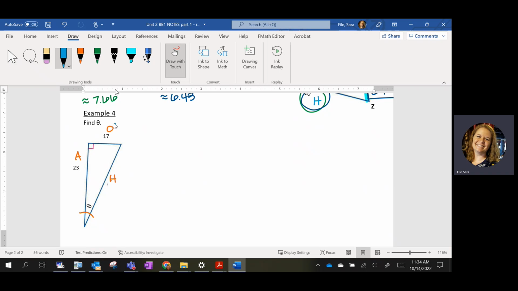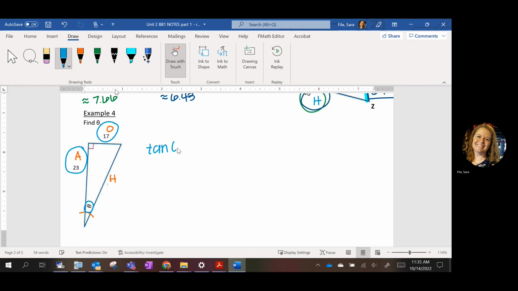Yeah, it's got to be tangent, because like I said, you can only have one missing piece and it's the angle. So you have to use the two known sides. You can't use the hypotenuse because you don't know it. So tangent of theta is O over A. So plug in what you know, which is 17 over 23.